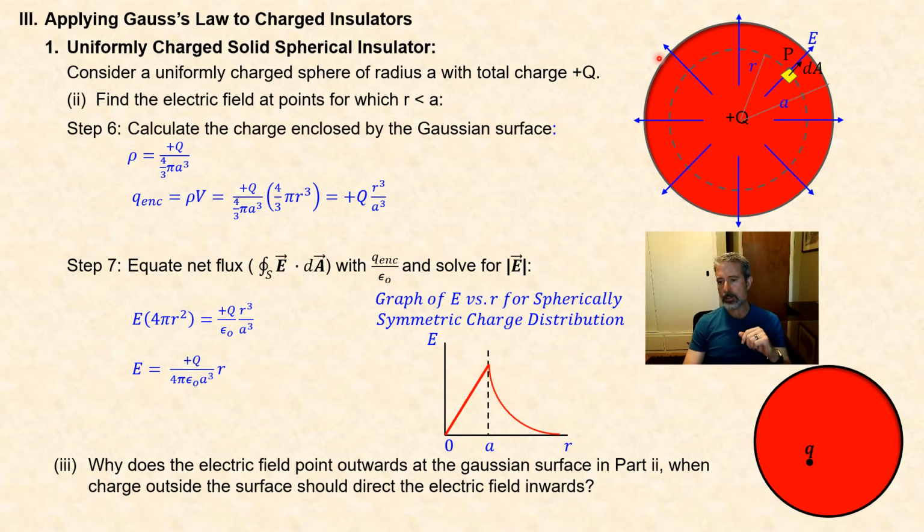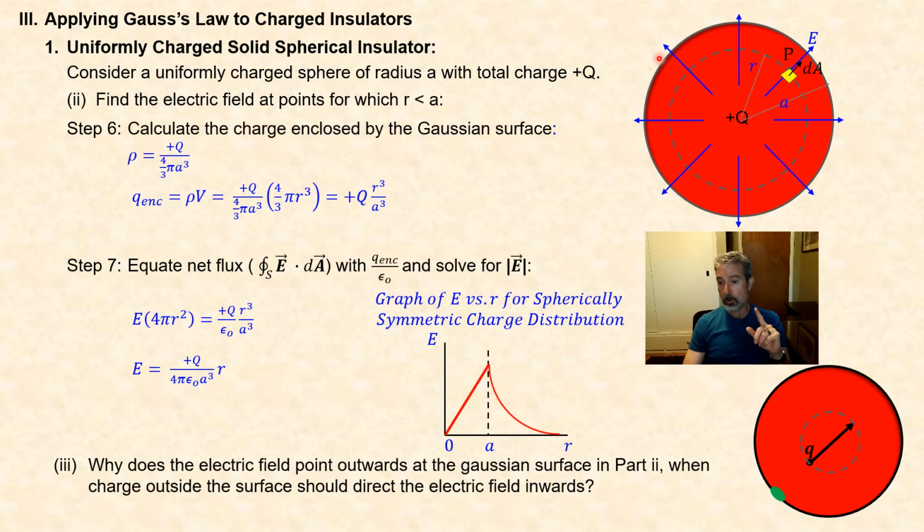If I look at putting a test charge here, and if this is our Gaussian surface, and I want to look at the direction of the field on that test charge, well, I would say that some of this green charge, which is positive out here, should direct the electric field at that point in this direction.